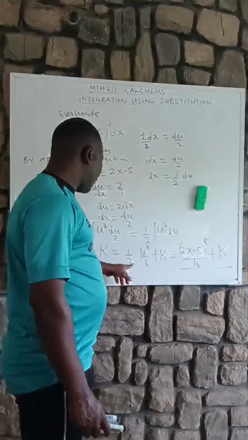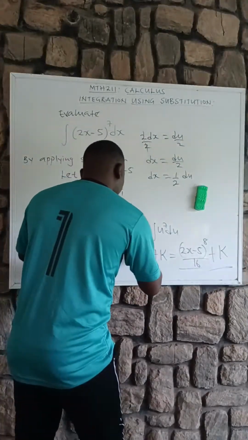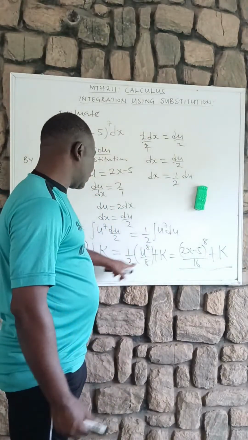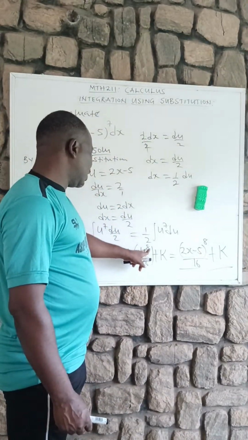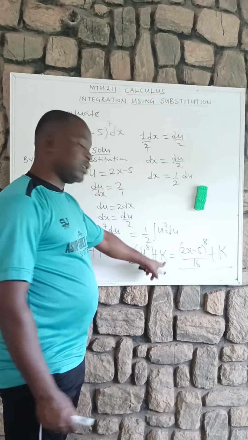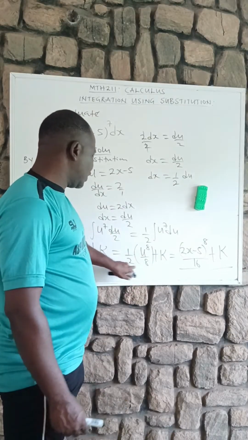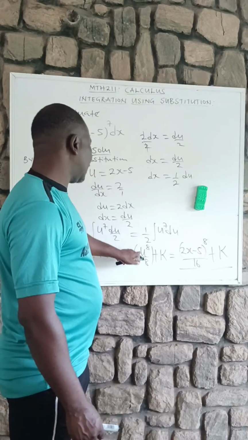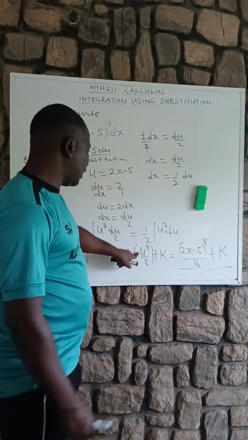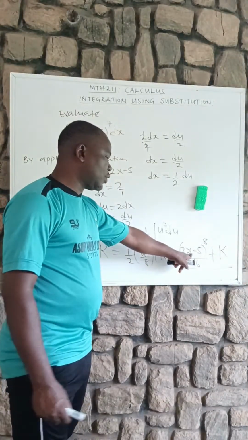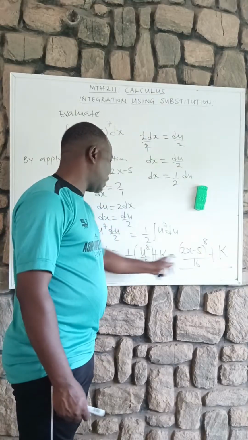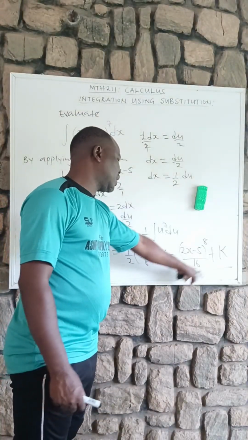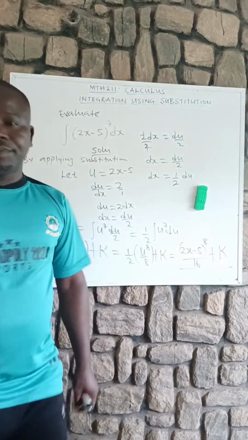So 1 all over 2, u raised to power 8 all over 8 plus a constant. But we can use this 2 to multiply this to give us 16. But note that your u is this. So instead of u, we write back (2x − 5), raised to power 8 all over 16 plus a constant.